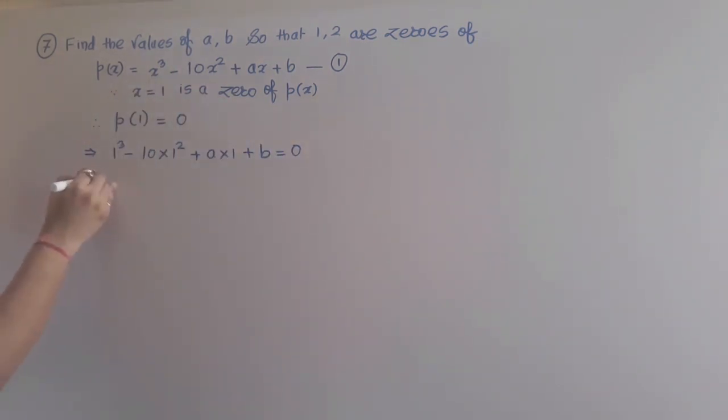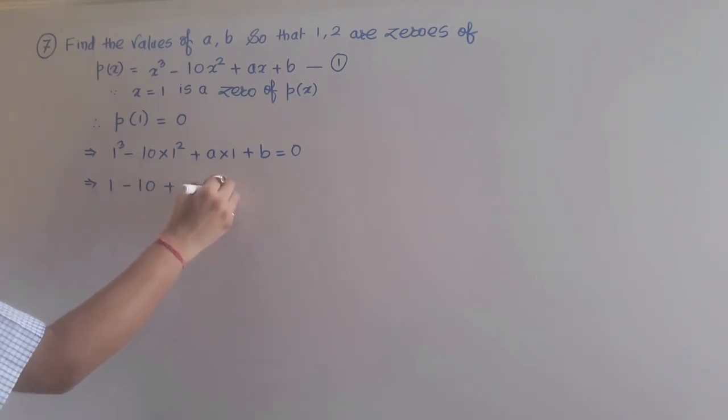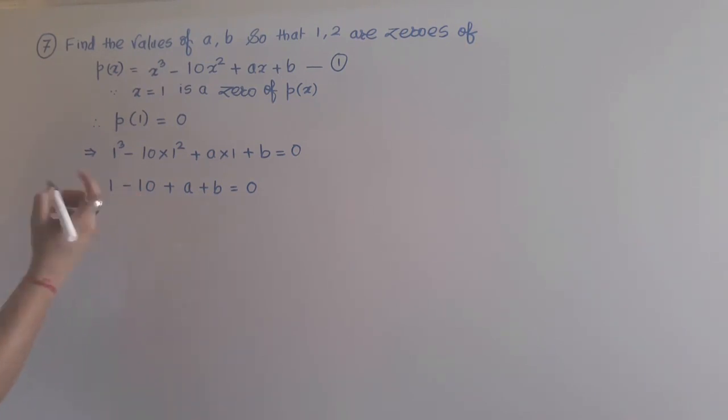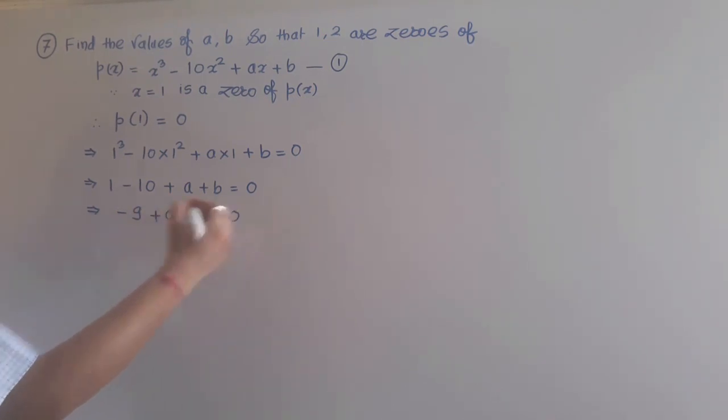Cube of 1 will be equal to 1, minus square of 1, that is 1 only, and 1 into 10, that will be 10, plus a into 1, a, plus b is equal to 0. Right? Now 1 minus 10 will become minus 9, because signs are different. We can subtract and apply the sign of the bigger term. So minus 9 plus a plus b is equal to 0.